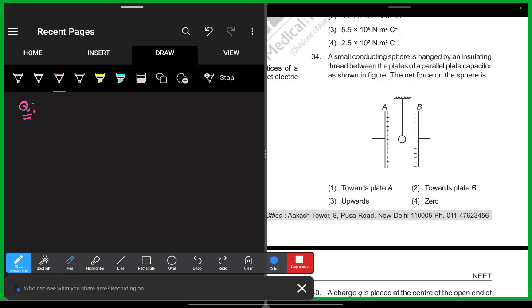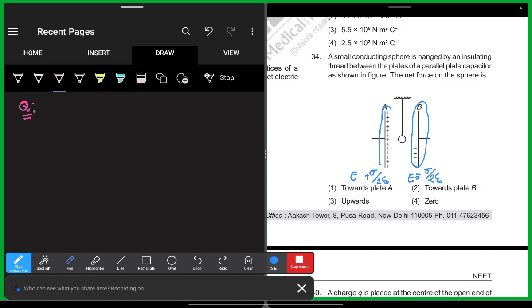Alright, so this plate is positive, this plate is negative, right? So, this plate will have electric field which is minus sigma upon 2 epsilon 0. This plate is having electric field of plus sigma upon 2 epsilon 0, right? So, this way it will experience force in both the directions, which is equal.